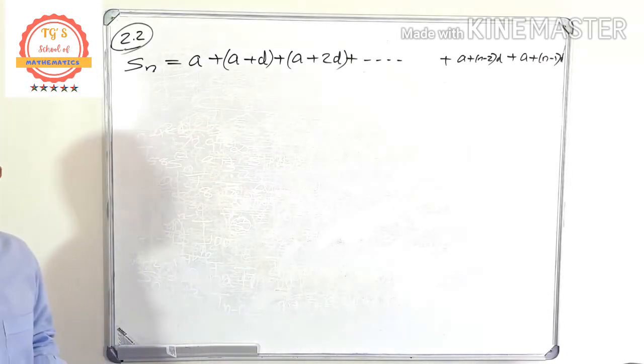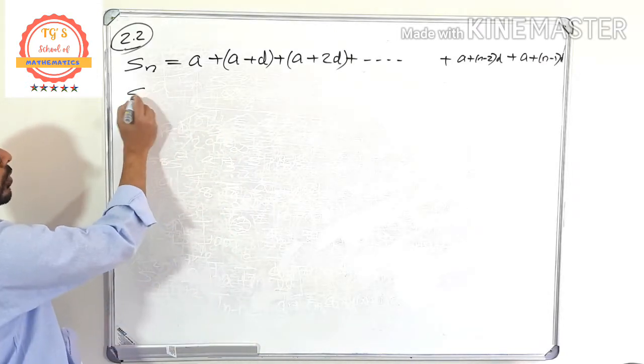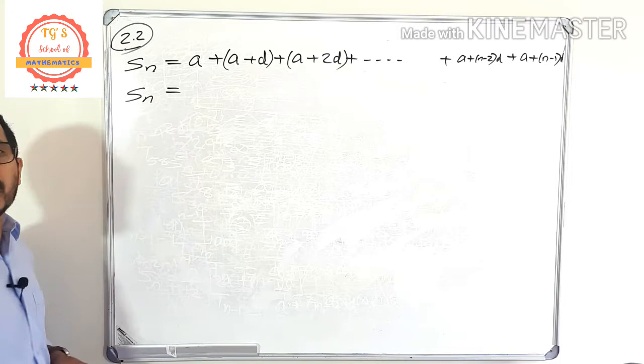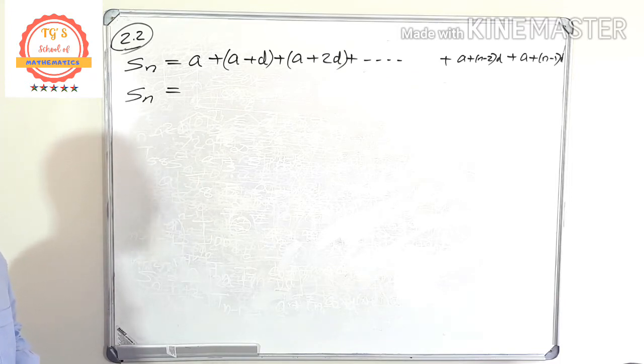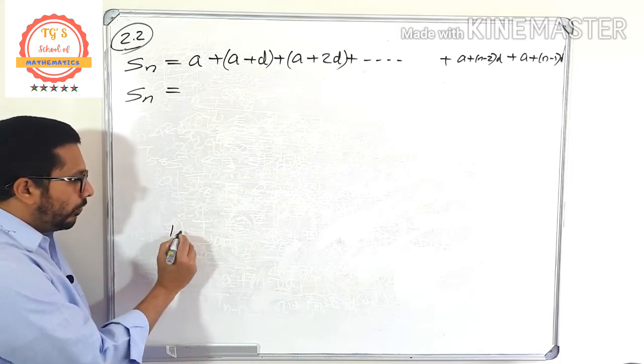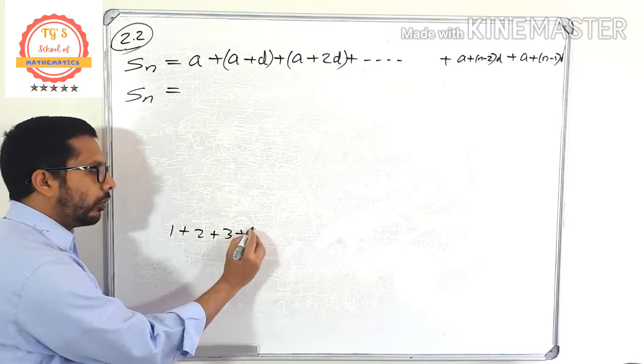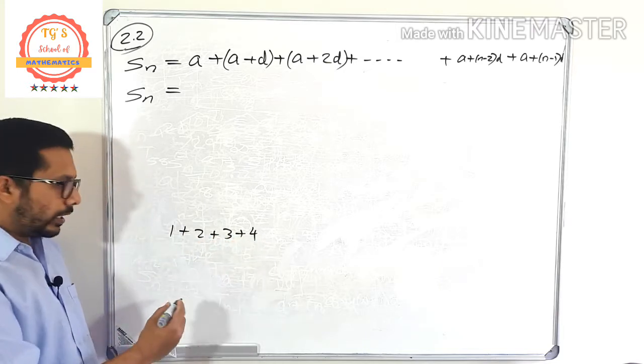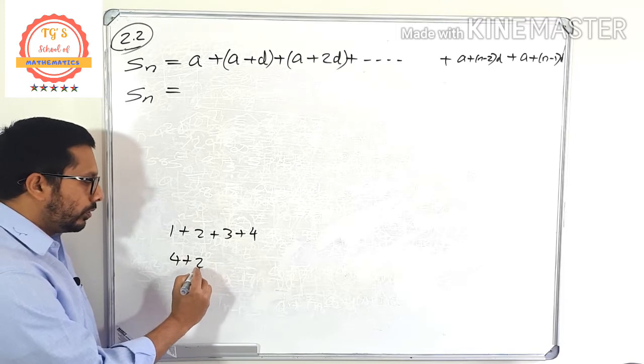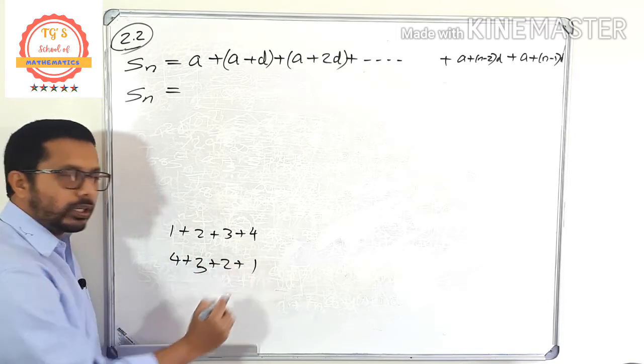Okay, so now I'm going to write once more this Sn. But at this time, if I add 1 plus 2 plus 3 plus 4, that is the same as 4 plus 3 plus 2 plus 1. Am I right?